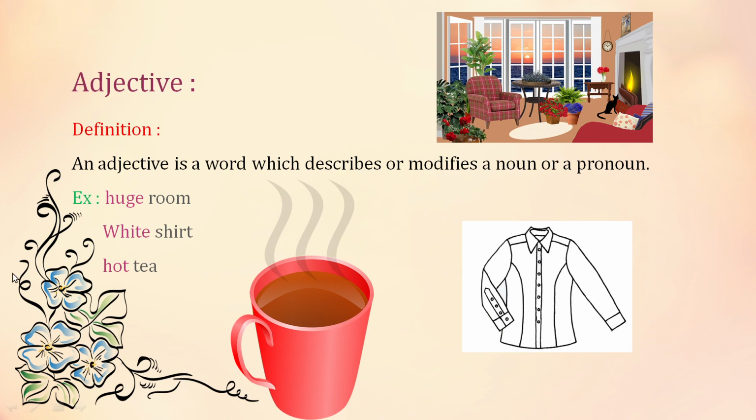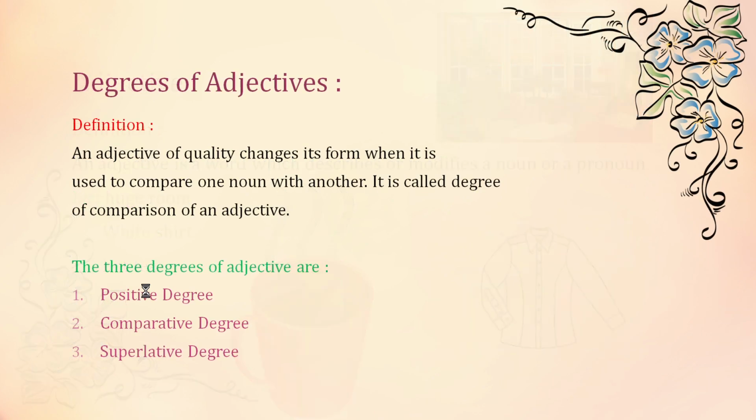When I add adjectives, like huge, white, hot, more meaning, clarification and description is added to the noun: huge room, white shirt, hot tea.